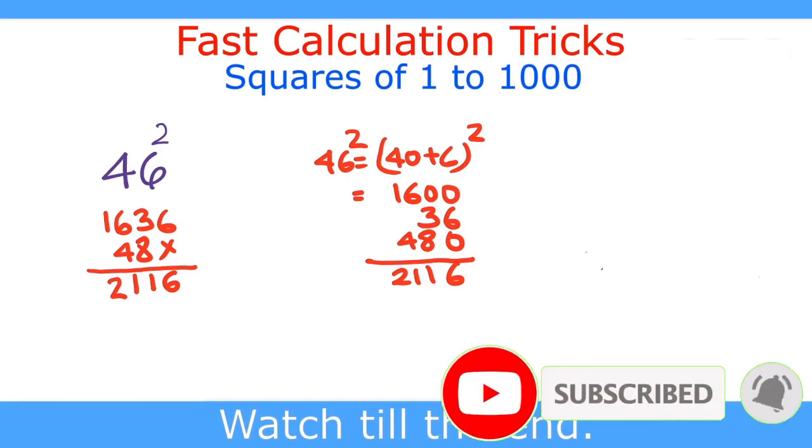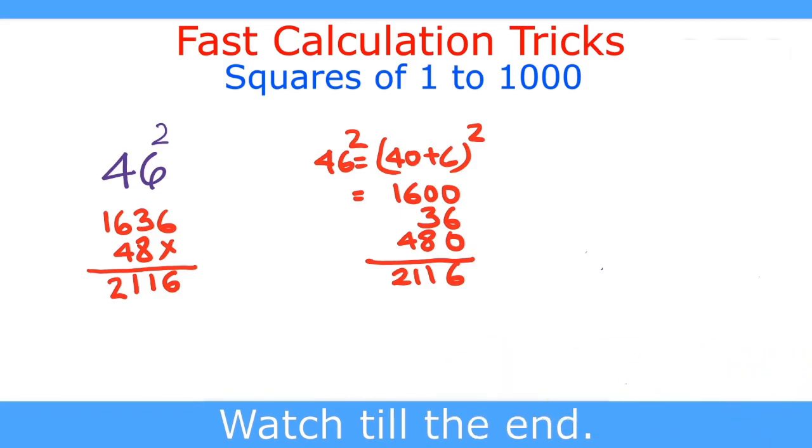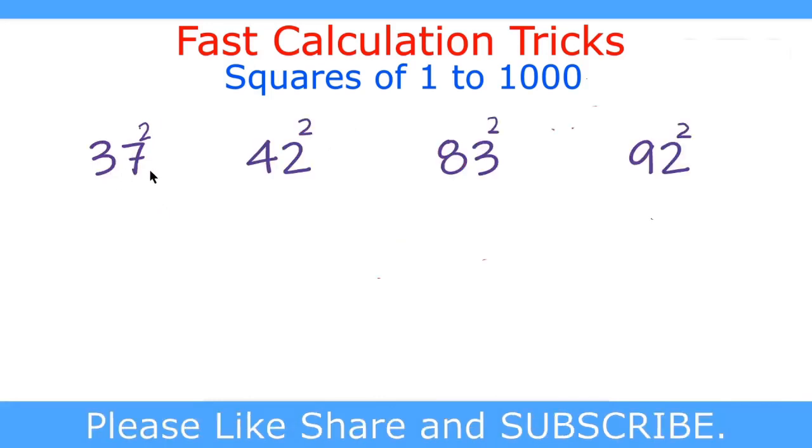Using this, we will solve a few questions. After that, we will go to the next short trick. Our first question is 37 square. Square of 3 is 9. We write 09, as we have to write every square in 2 digits. Then the square of 7 is 49.